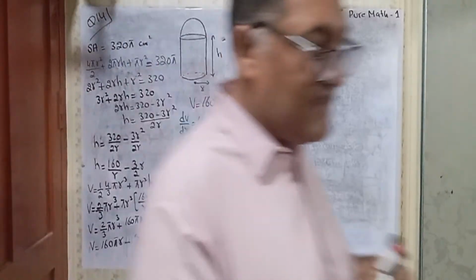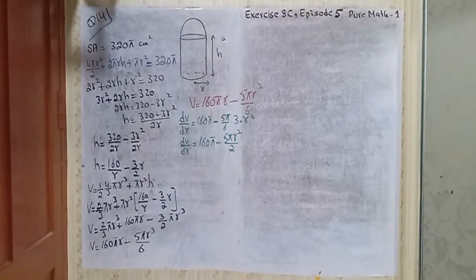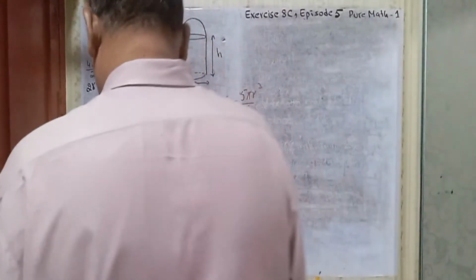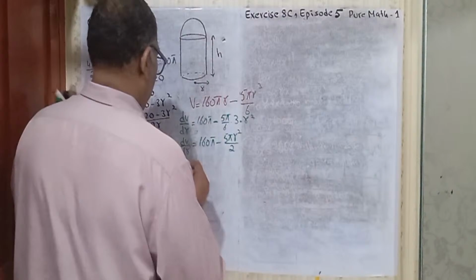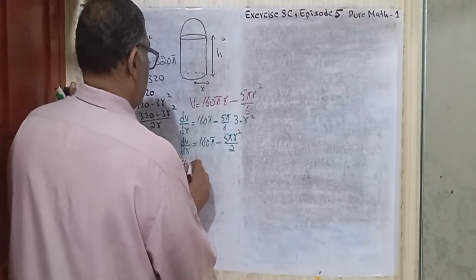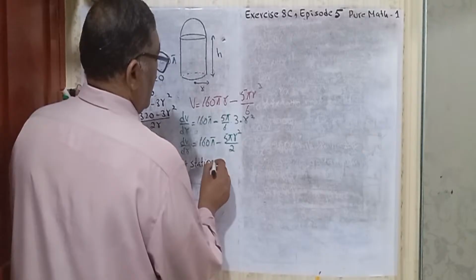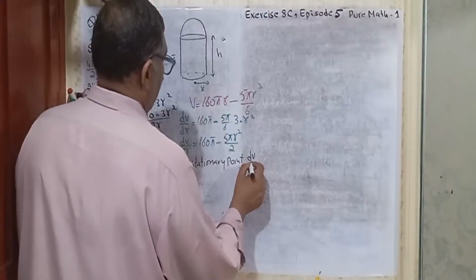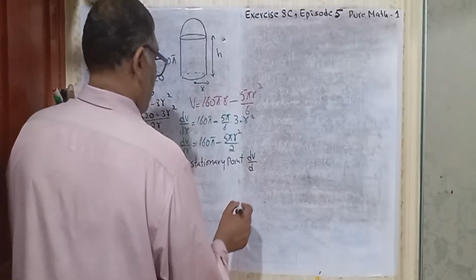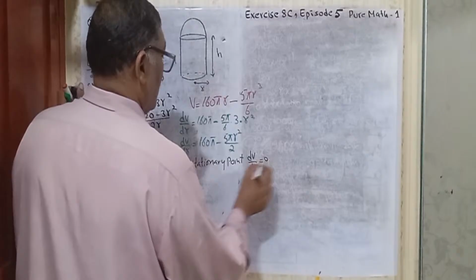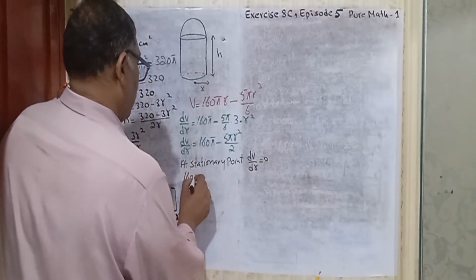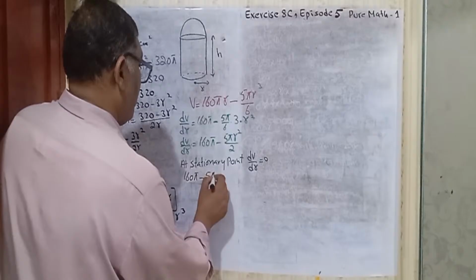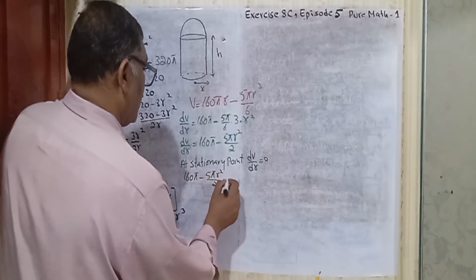At the stationary point, the derivative will be equal to 0. So make it 0: 160 pi minus 5 pi r square divided by 2 equals 0.